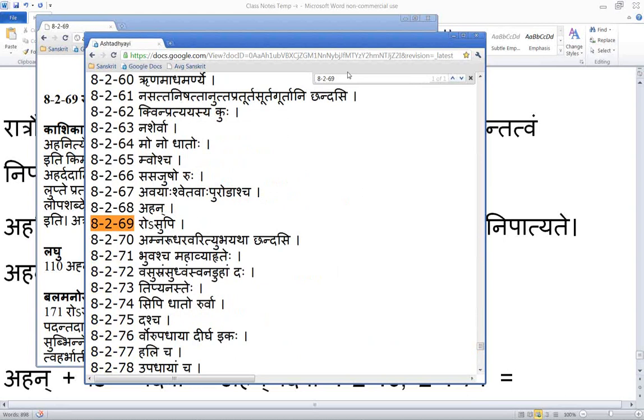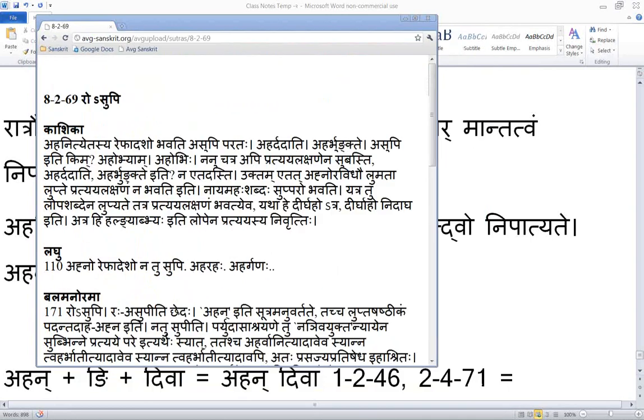Now what's the big deal between the repha and the ru? Look at the examples Kashika gives. Again, these are only sandhi rules we're talking about now. So ahar dadati, ahan plus su. If we had a ru over here, it would become aho dadati, like Ramo dadati.